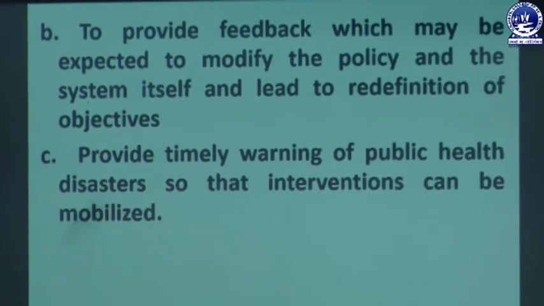Another objective of surveillance is feedback, and we have to collect the feedback from the beneficiaries, through which we can get the data, or we can monitor or evaluate the data about the disease.